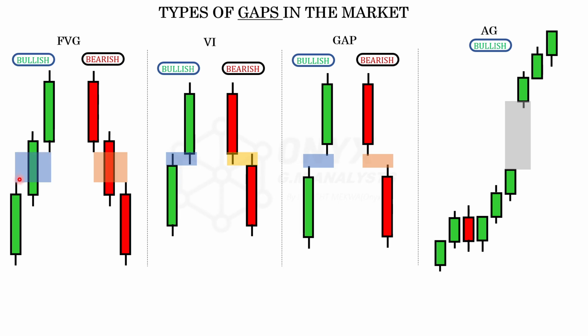So this candle here that is in the middle, the last wick of the first candle, and this wick here, they do not overlap. If you check between these wicks, there's a space. There's a space here, guys. That space is a fair value gap, which means that there was a fair agreement between the bulls and the bears on whatever happened.